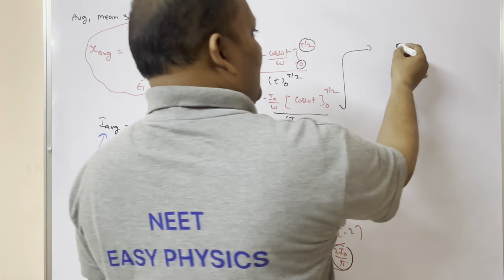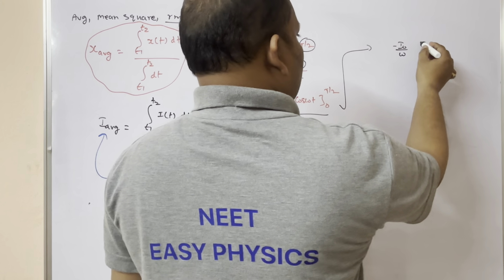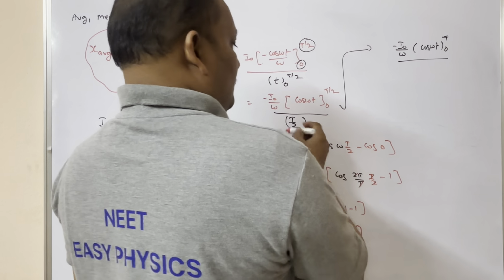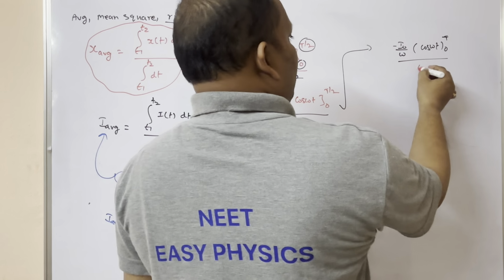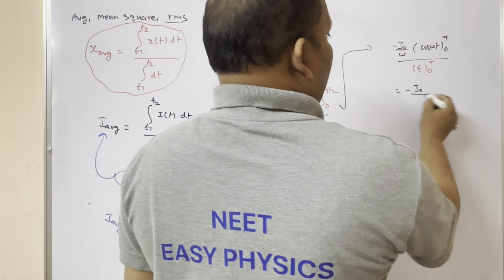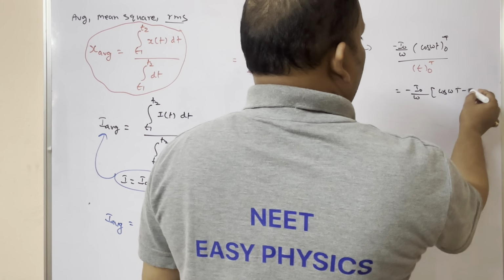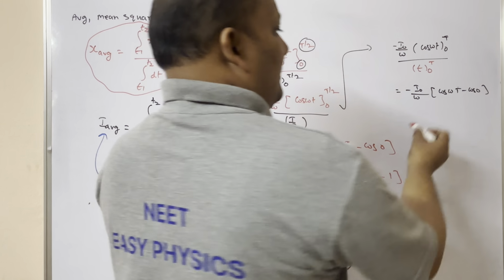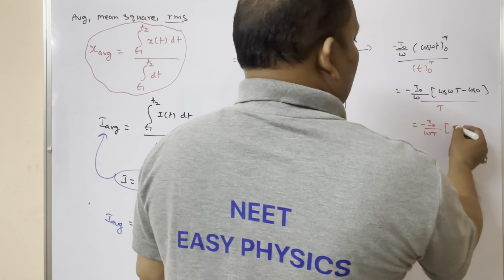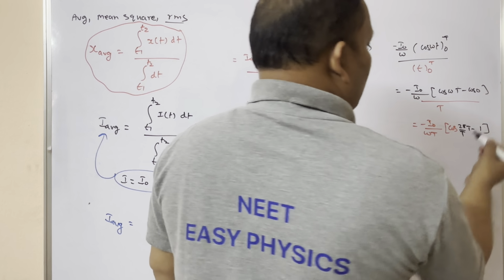Now I am substituting here minus I naught by omega, divided by, cos omega t between the limits 0 to T. Next, the integral of dt is T between the limits 0 to T. At that time, what will you get? Minus I naught by omega T times cos omega capital T minus cos 0. So what is omega? 2 pi by T into T, and cos 0 value is 1.